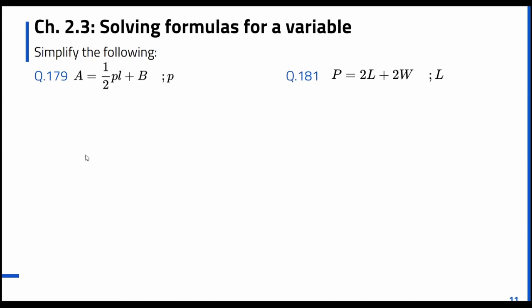Okay. So you have to put b to the other side. a minus b equal to 1/2 PL. Oh, wait, please. I need to write down. So a minus b.